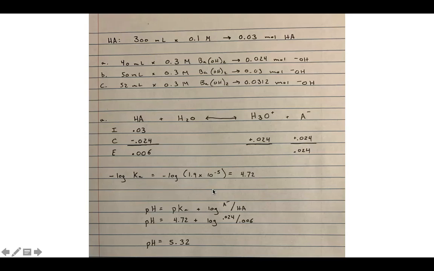It's 1.9 times 10 to the negative fifth. Our pKa is 4.73. So now that we have our pKa, we plug that into the Henderson-Hasselbalch equation, and we plug in our equilibrium amounts of conjugate base and weak acid. We plug those values in and find that our pH is about 5.32. Okay, this is the process you will follow before the equivalence point.